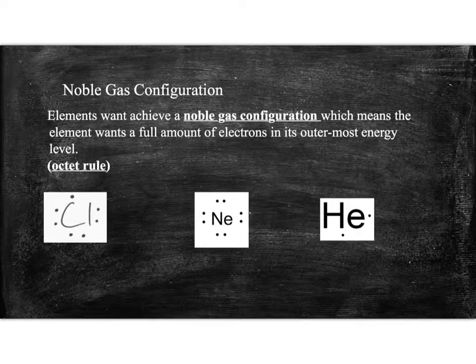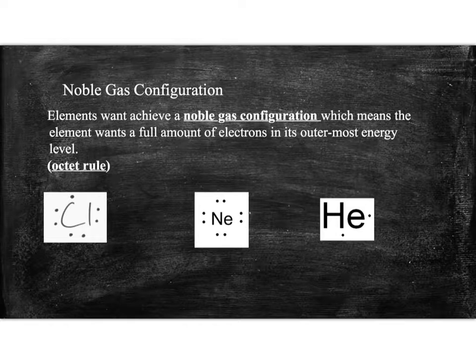Right? Noble gas configuration. So if you have elements that basically want to achieve a noble gas configuration, that just means that elements want to have a full amount of electrons on their outermost energy level. And the most electrons that it could have on the energy level is 8. And we call that the octet rule.